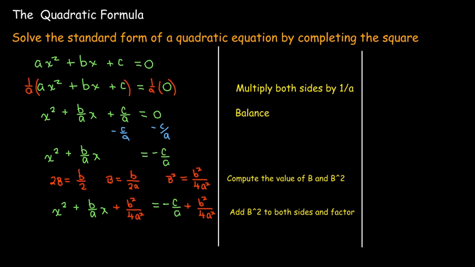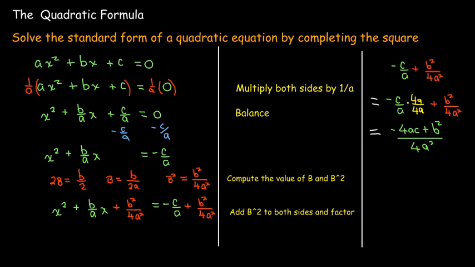Now again, I don't need to think about the factorization. I know it's going to be the binomial x plus b over 2a quantity squared. Though I do need to do some algebra with this minus c over a plus b squared over 4a squared. So let me do this over in the margin. I'll need a common denominator, so I'll need to multiply the negative c over a by 4a over 4a. That gets me negative 4ac plus b squared.